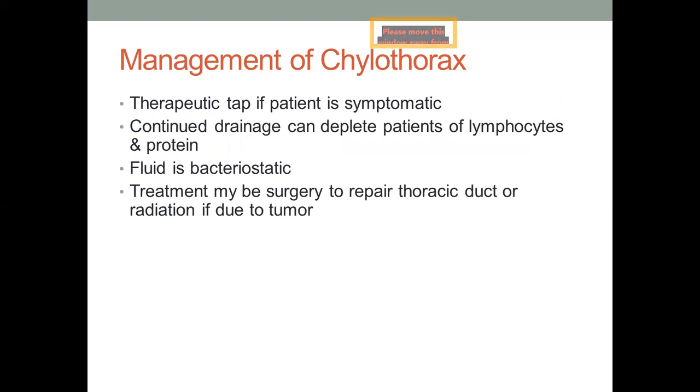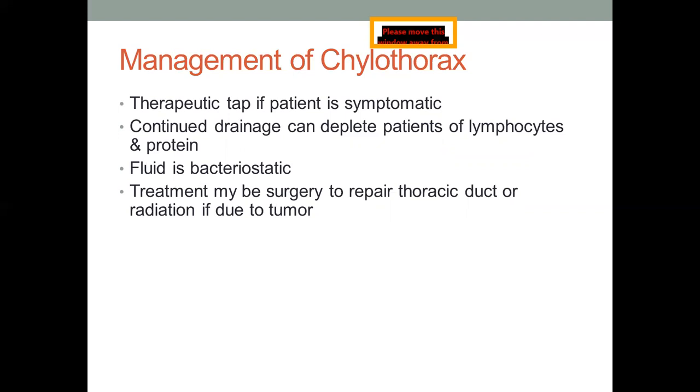Management of chylothorax: if the patient is not symptomatic and the chyle in the pleural space is low, then conservative management. If the patient is symptomatic, then the chyle should be therapeutically aspirated, tap should be done.